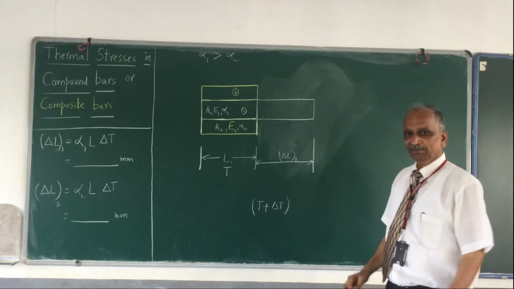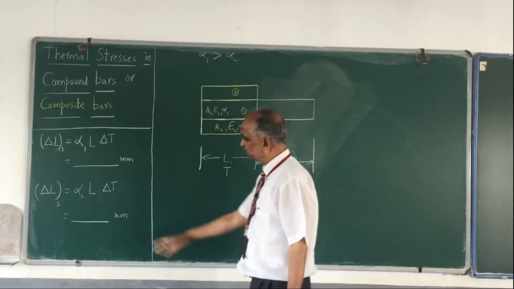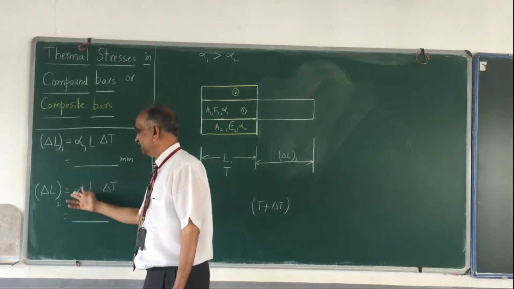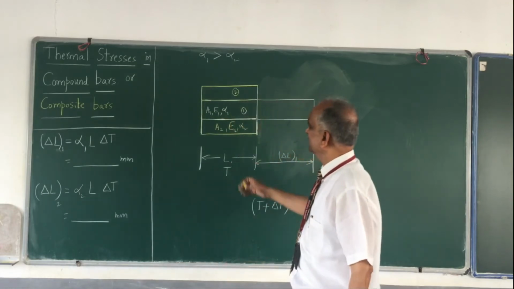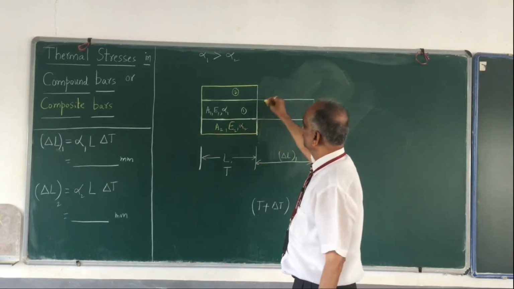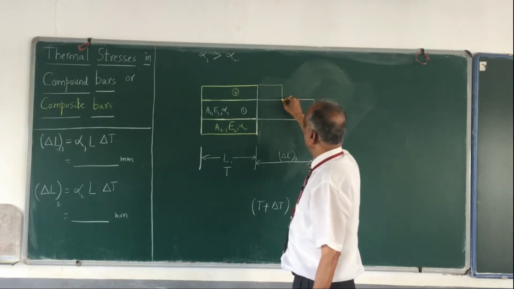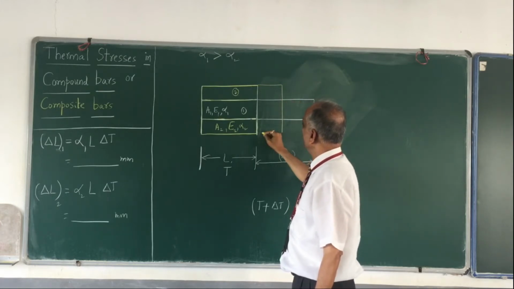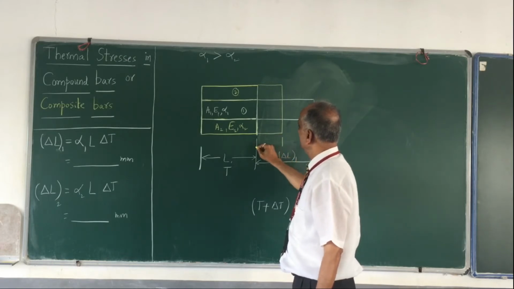Then what about the second one, the outside one? The outside one also will undergo expansion, delta L of 2, which is given by this value, and you know that delta L of 2 is smaller than delta L of 1. Let me assume that it is something here. What is this? Delta L of 2.